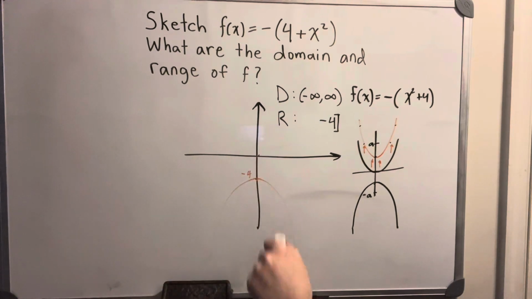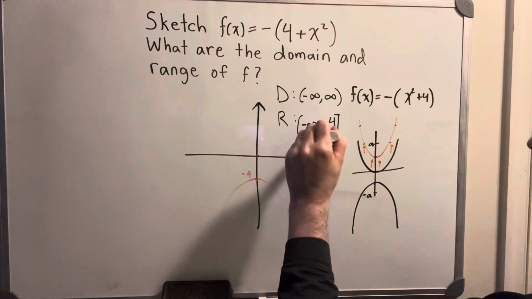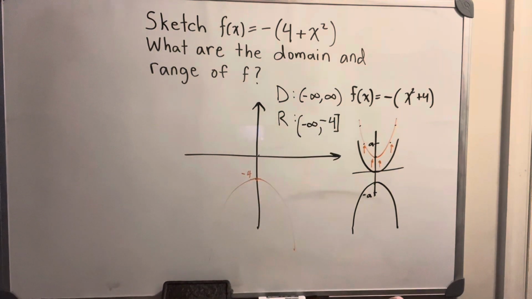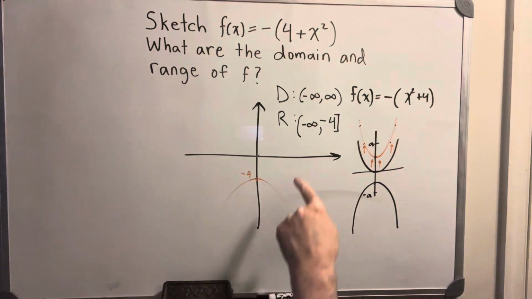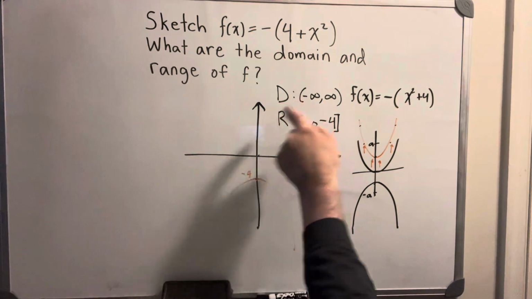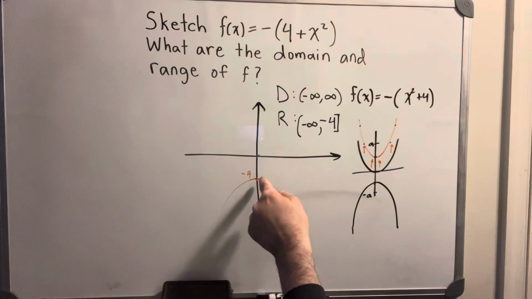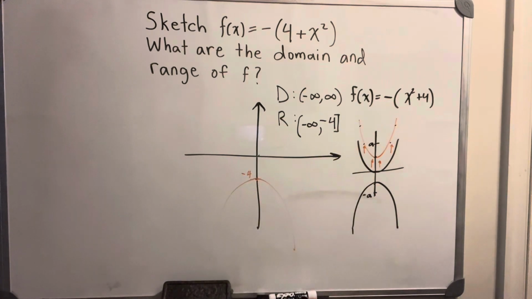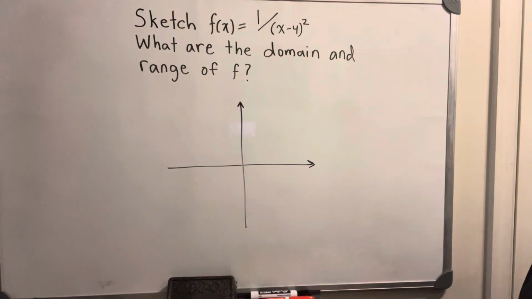Is there any value that it's not less than? No. So it goes all the way down. It takes on values all the way to negative as far as you can go. So the domain is from -infinity to infinity, and the range is from -infinity all the way up to and including -4.